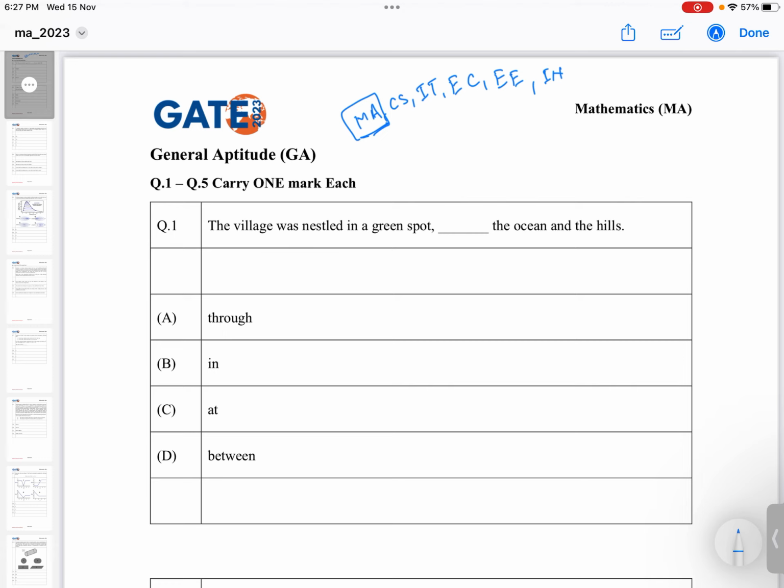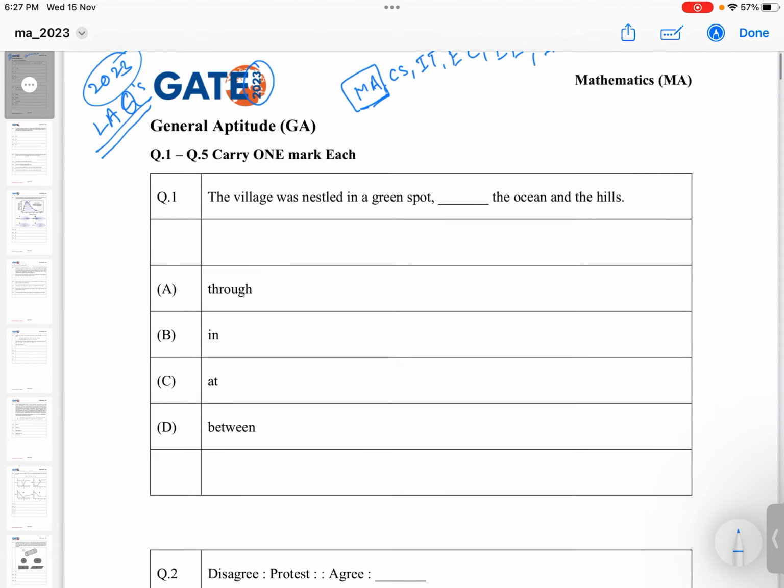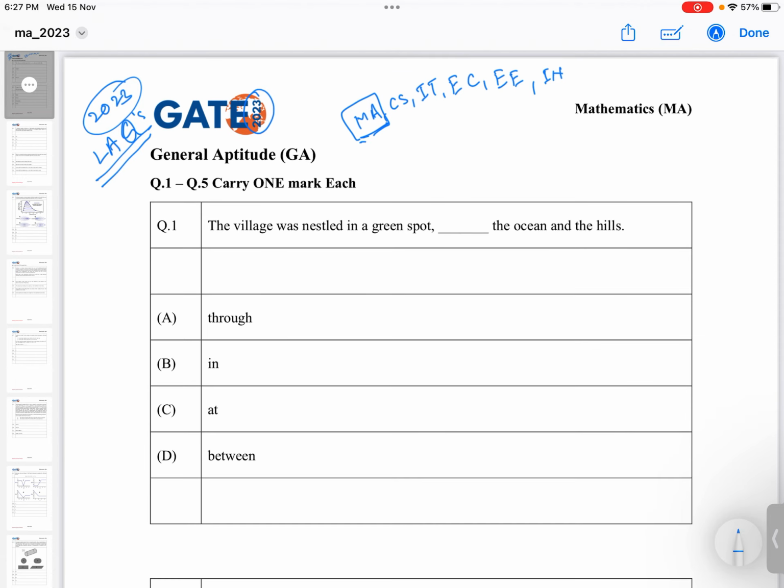Today we will be solving 2023 linear algebra questions. Then we will try to solve the last maybe 10 years of questions. Once we are done with mathematics, we will jump to CS, IT, then EC.